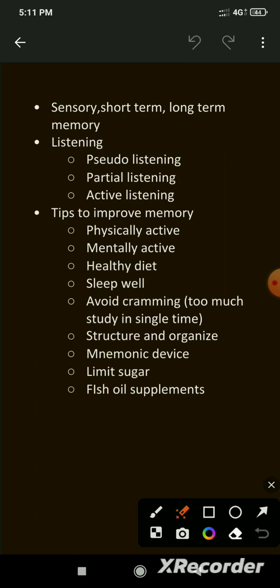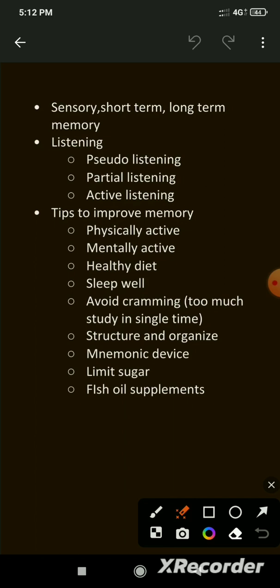And partial listening, they are listening, but they are not giving proper attention. They partially listen to what the speaker is sharing. And an active listener fully listens to what the tutor has shared. That is called active listeners. These are the main topics I have covered during my study or research.